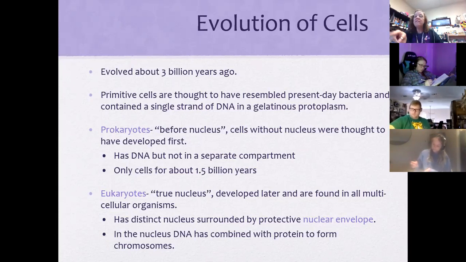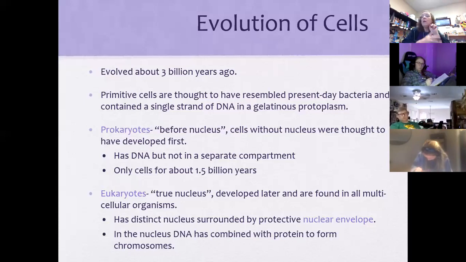And then as our cells evolved and became more complex, we developed a nucleus to separate the DNA and be able to govern this more complex organization of organelles. Now, I find this kind of fascinating. I'm pretty sure all of you know, here's the question everybody asks: what is the powerhouse of the cell?